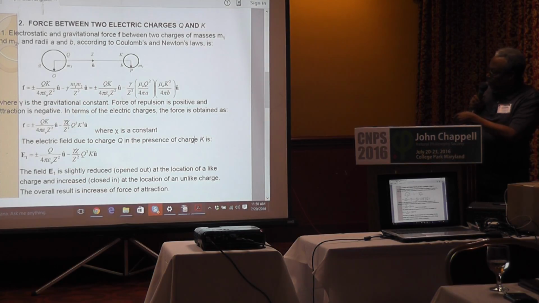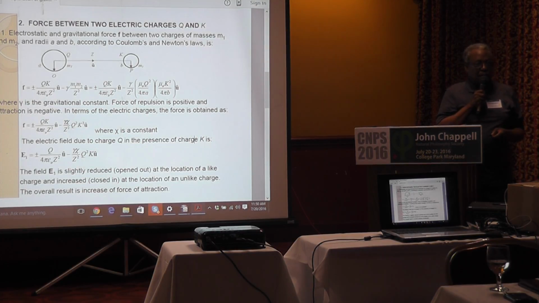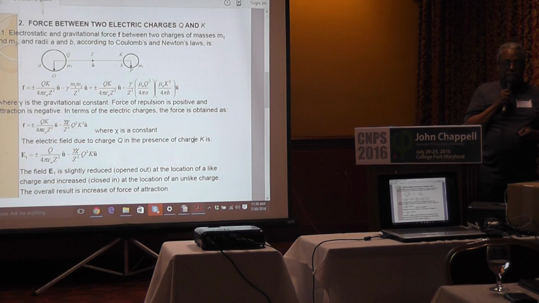But the gravitational force of attraction will add up. Say, for example, between me and Bob here, there is no electrostatic force of attraction or repulsion. They cancel out, exactly. But there is a force of gravity between us.